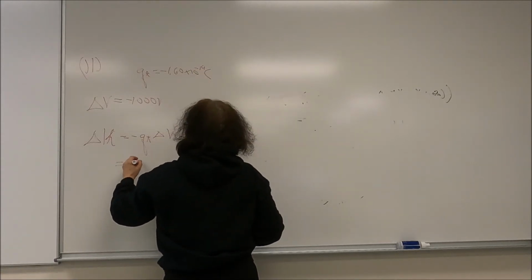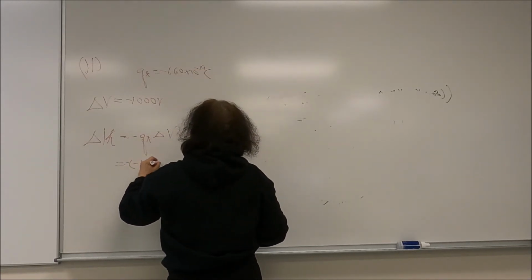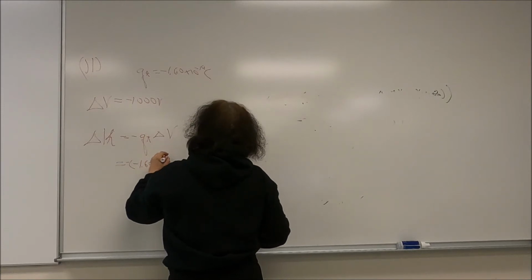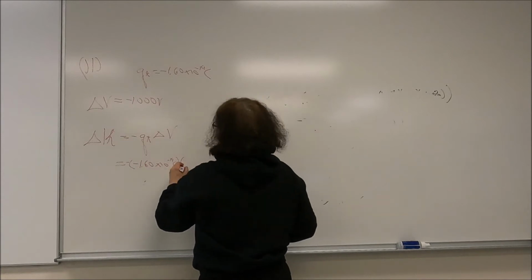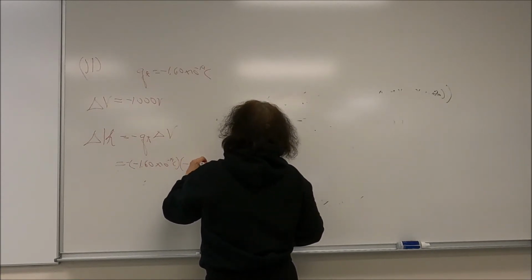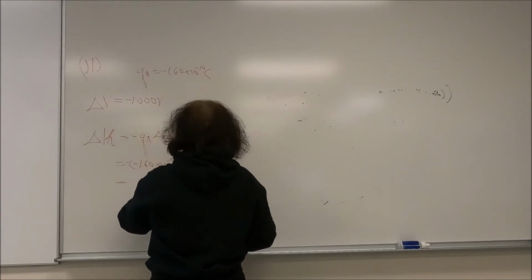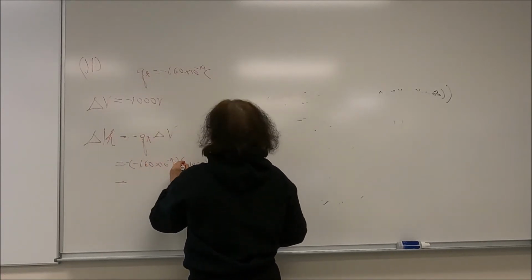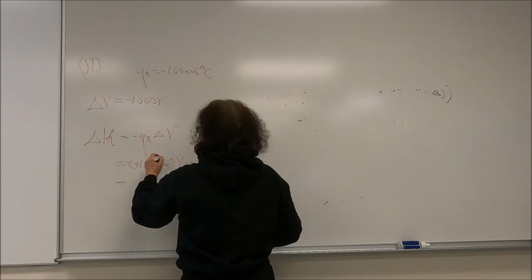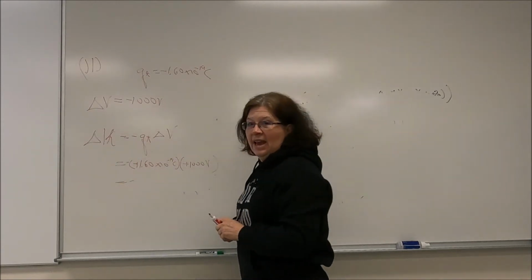So I have the negative of a negative 1.60 times 10 to the minus 19 coulombs times a minus 1,000 volts. So with the negative and negative here, I have three negatives, so I'm going to get a negative answer.